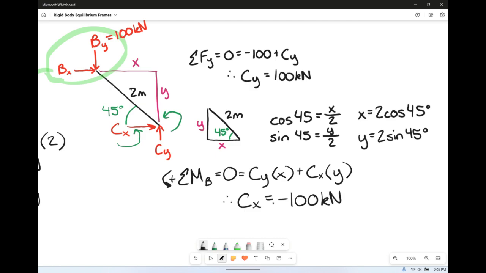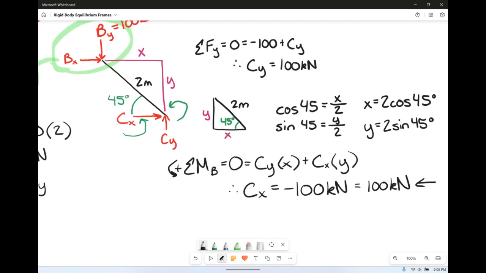Oh, so it just means that he's 100 kilonewtons going the wrong direction, the one that we did not currently assume. So once we have CX, we can still sum the forces in the x direction, and we have BX and CX, but CX, remember, is a negative 100, so BX is going to equal 100 kilonewtons.